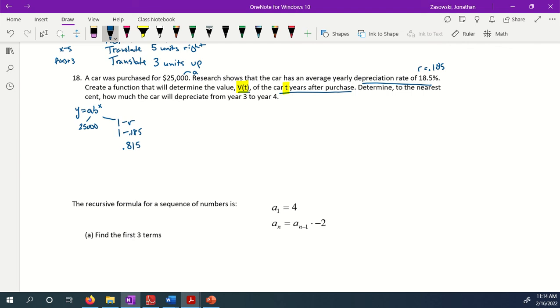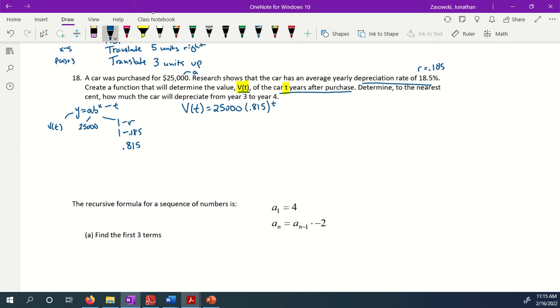That's our b value. Now, instead of using y, we're going to use v of t, and instead of using x, we're going to use t. So our formula looks like this. V of t equals 25,000 times 0.815, which is our decay factor, to the t.